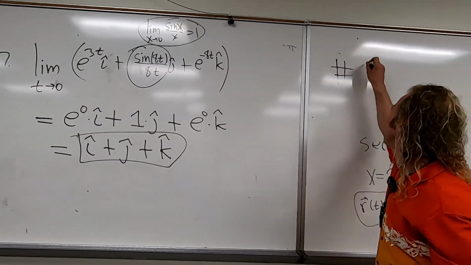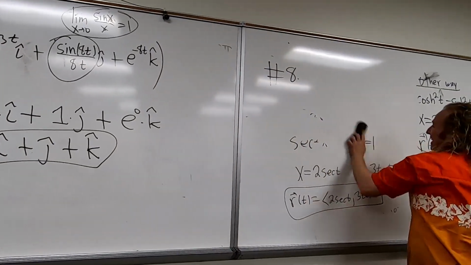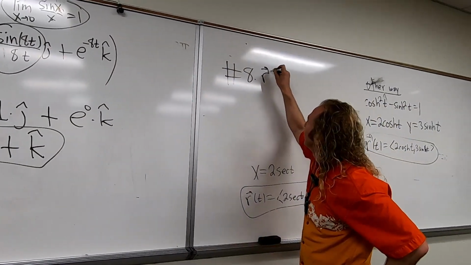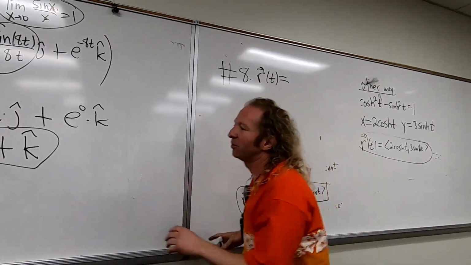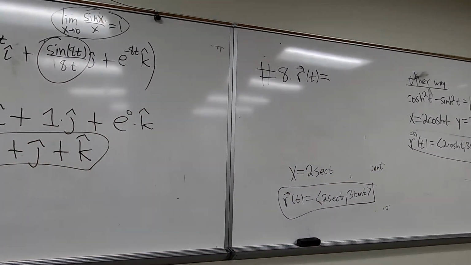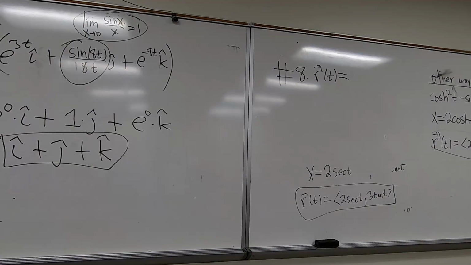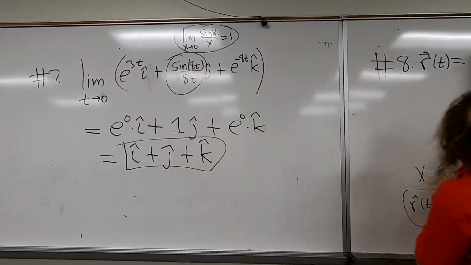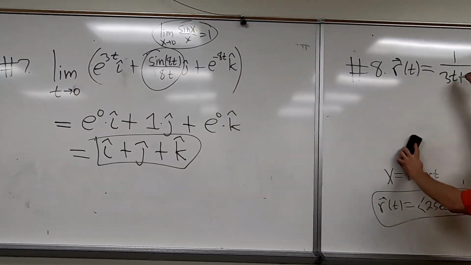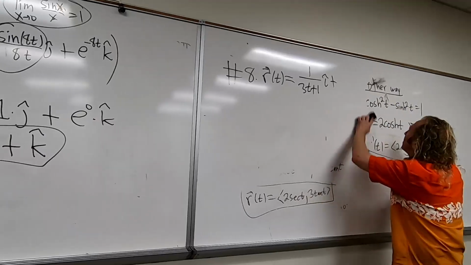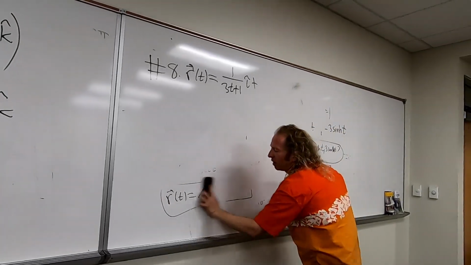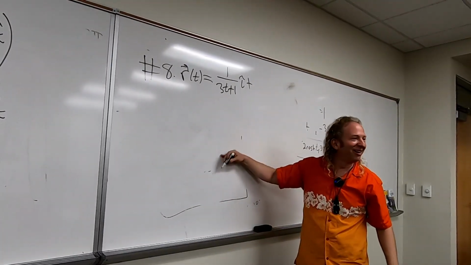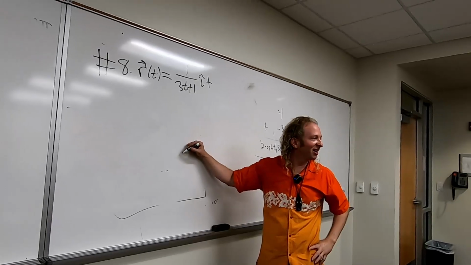Number 8. That's good. So r of t is equal to 1 over 3t plus 1 i hat plus... oh, he's gone. Is it 1 over t j hat, the next part?